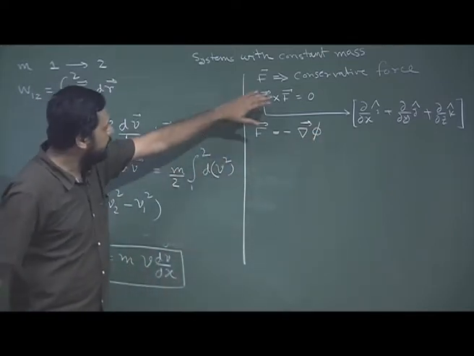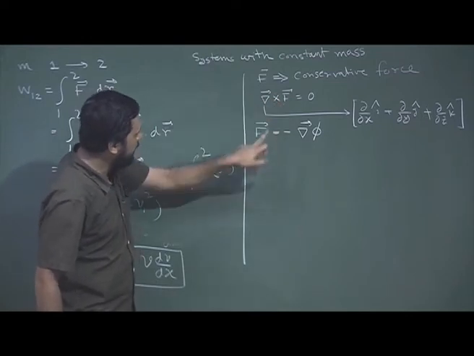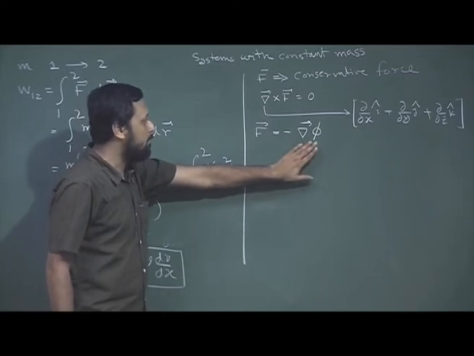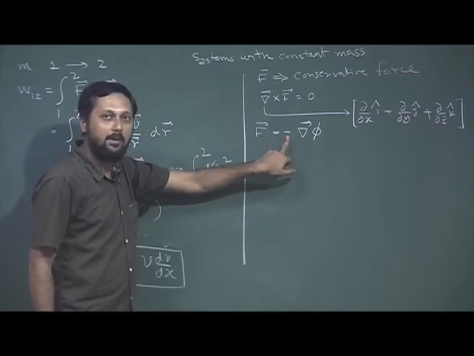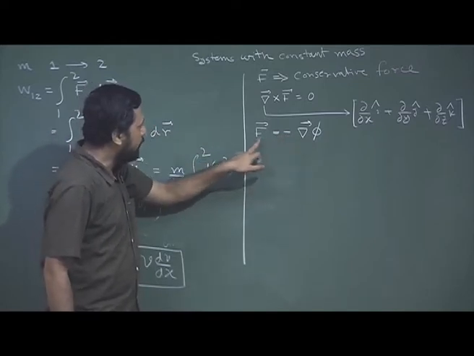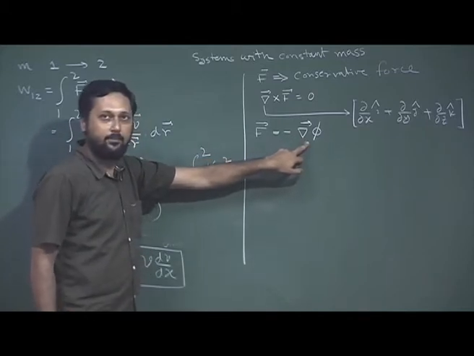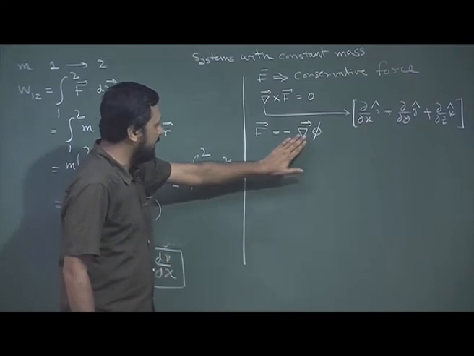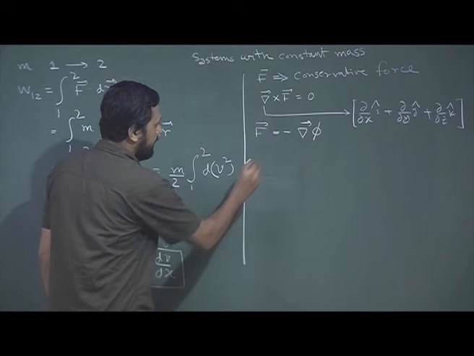This is the definition of conservative force field, and this equation is valid only if F can be represented as the gradient of some potential function phi. This negative sign essentially implies that the force increases in the direction where phi decreases, and this has some other implications which we will be discussing later on.